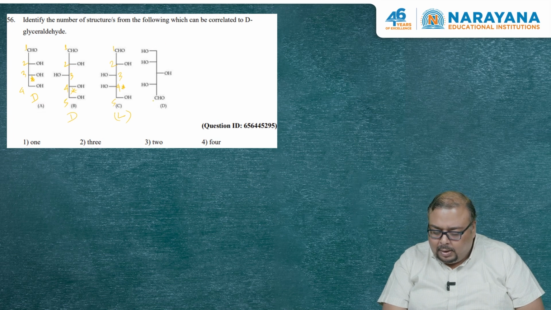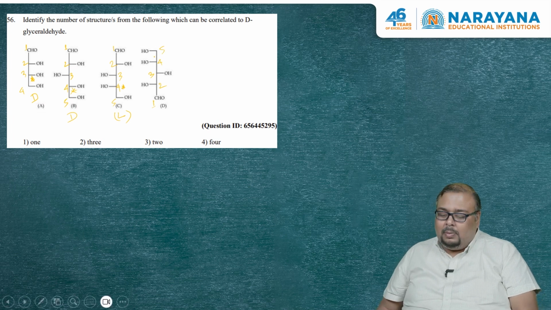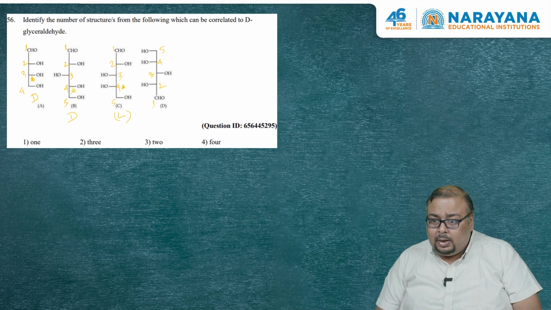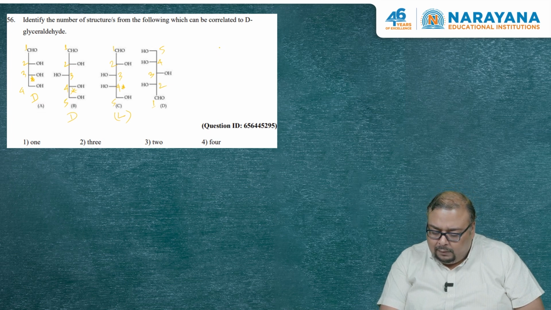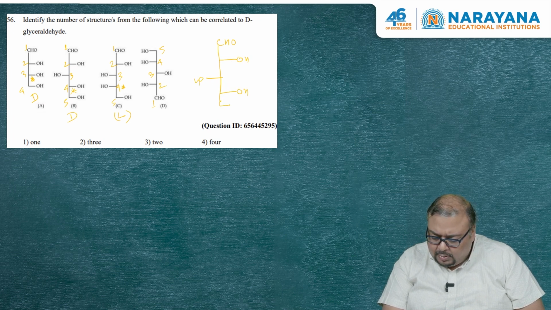And in this case the numbering should start like this: 1, 2, 3, 4, 5. Now you see here the molecule has to be rotated so the CHO is on the top. If we do that, then the molecule will look something like this. You have CHO. Now the OH will be on the right, the third OH will be on the left, the fourth OH will be on the right, and the fifth OH is attached to a chiral center, which won't matter that much.